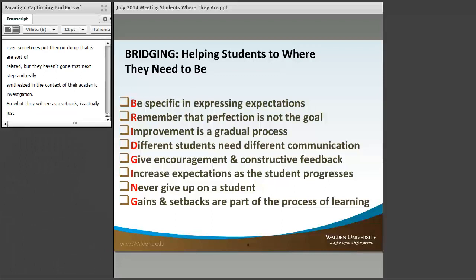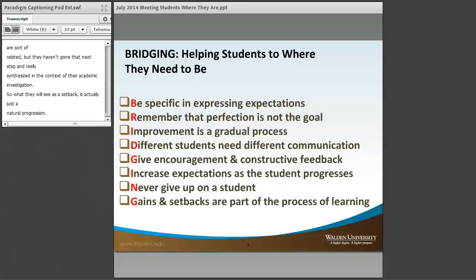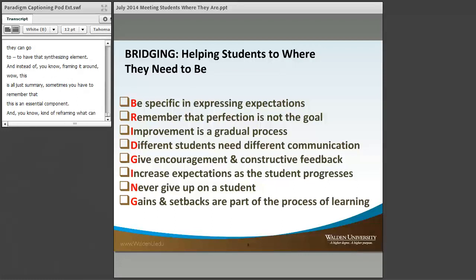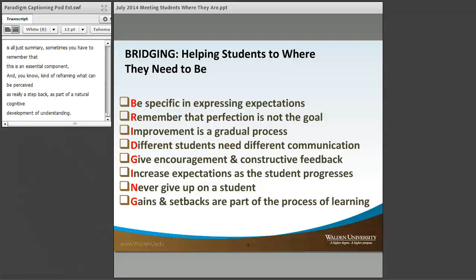They really need to get to that point before they can have that synthesizing element. And instead of framing it around, wow, this is just all summary, sometimes you have to remember that this is an essential component, and kind of reframe what can be perceived as a step back as part of a natural cognitive development of understanding, that this precedes that.